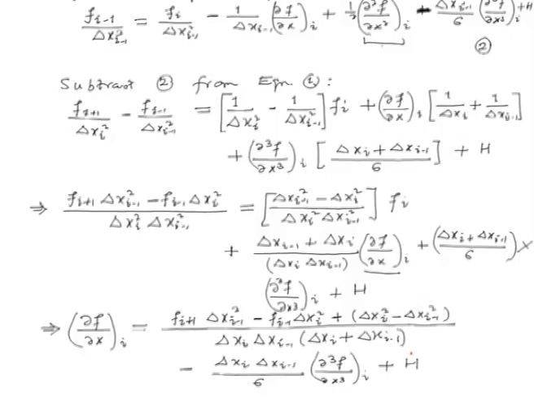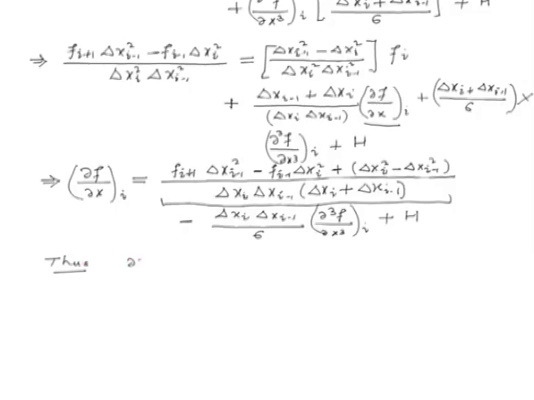So now you can clearly say that by eliminating the second derivative, we now get one CDS approximation by retaining the first term, which would be second order accurate irrespective of the grid spacing.